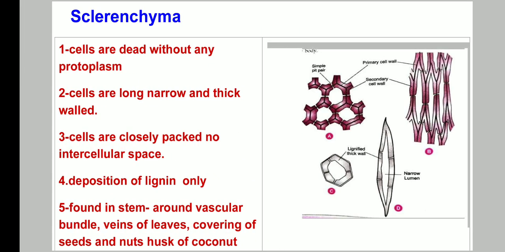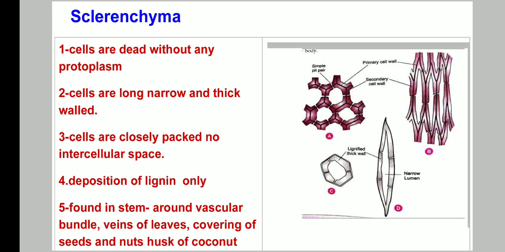The next type of tissue is sclerenchyma, and the cells are dead, without any protoplasm. This is even more differentiated. The cells are totally dead and don't have any cytoplasm, so they also don't have a nucleus. What is present inside the cell?